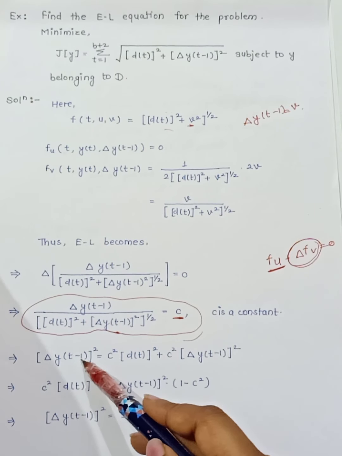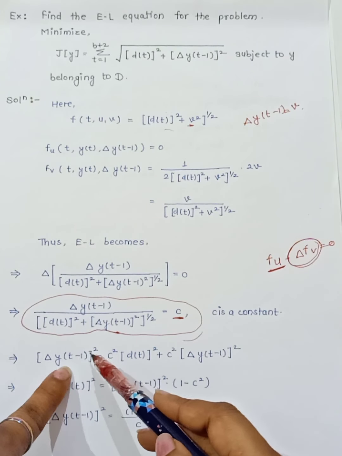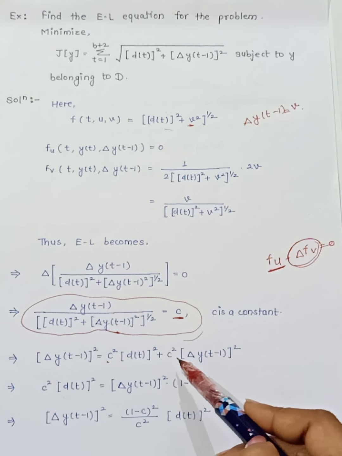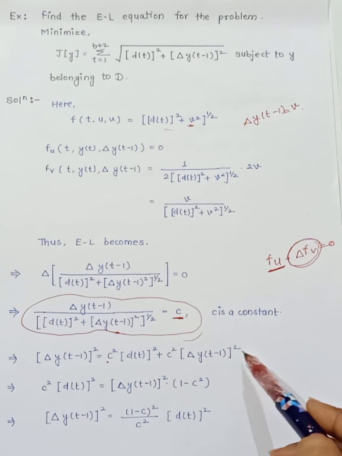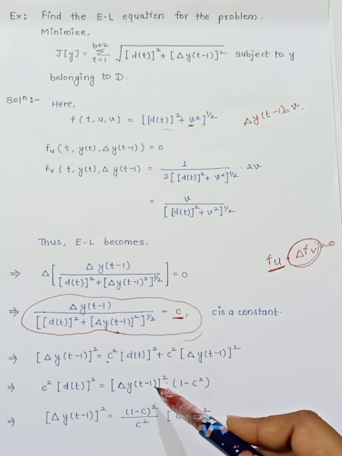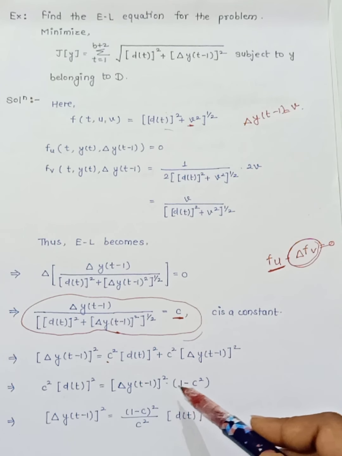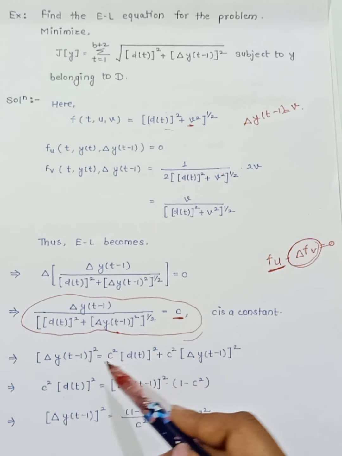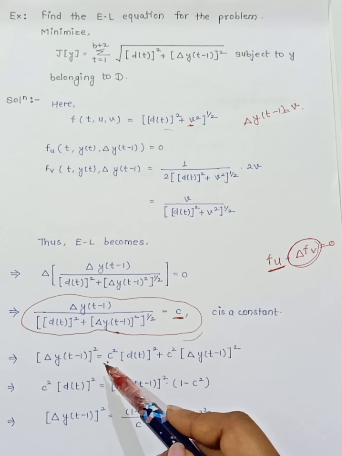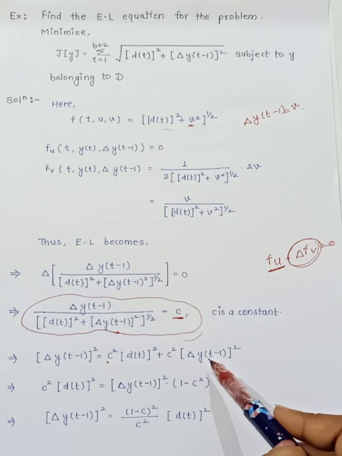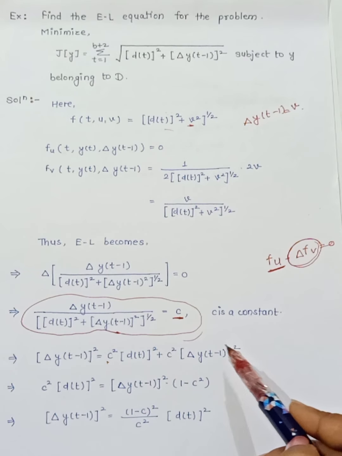So (Δy_{t-1})² in the numerator as it is equals c² dt² plus c² (Δy_{t-1})². So c² dt² equals (Δy_{t-1})² into (1 minus c²), as c² is common.